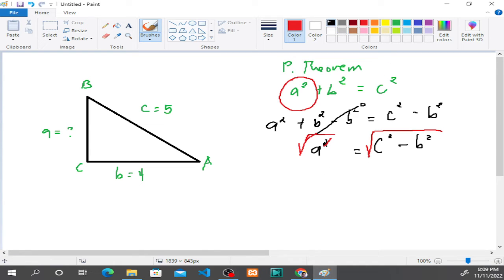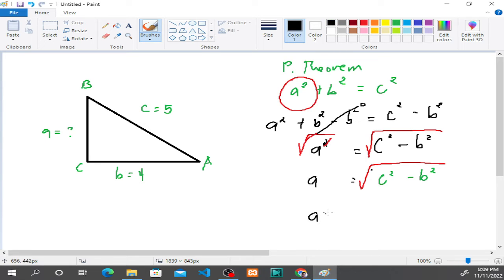So you have a new formula for a, the leg or the altitude, which is equivalent to the square root of c squared minus b squared.